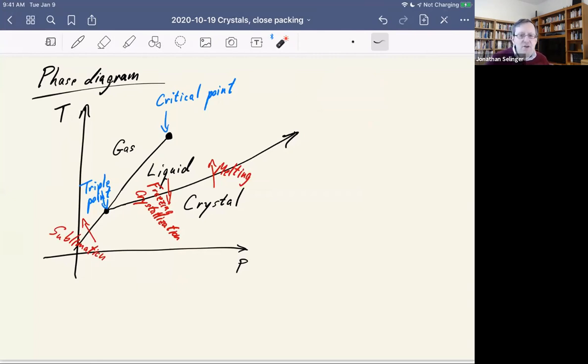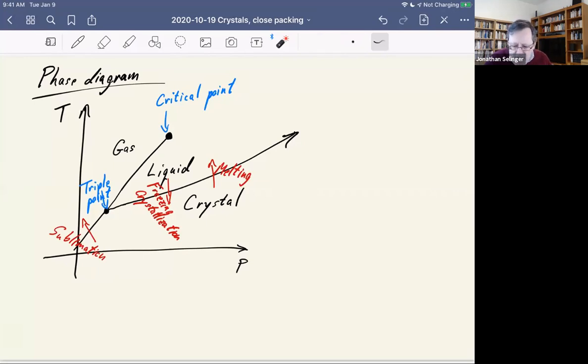If the material has broken symmetries so that it no longer has all the liquid symmetries, then it's a crystal. So that's always a yes or no question, and there always has to be a boundary between liquid and crystal.